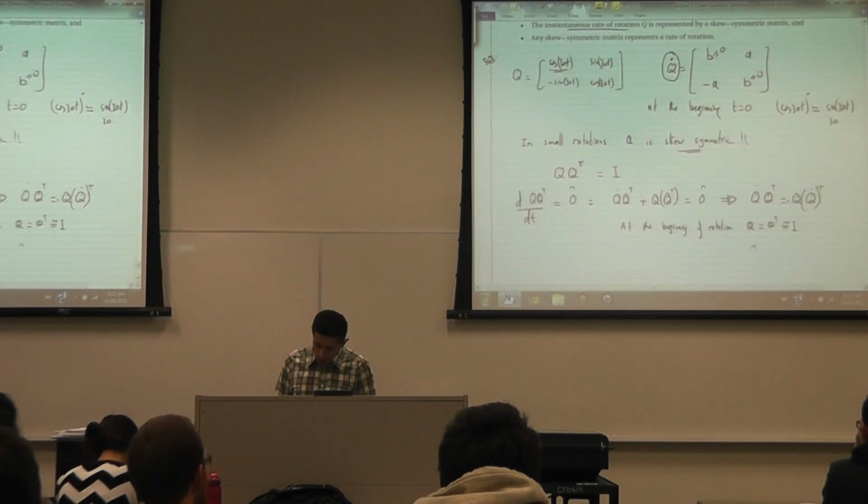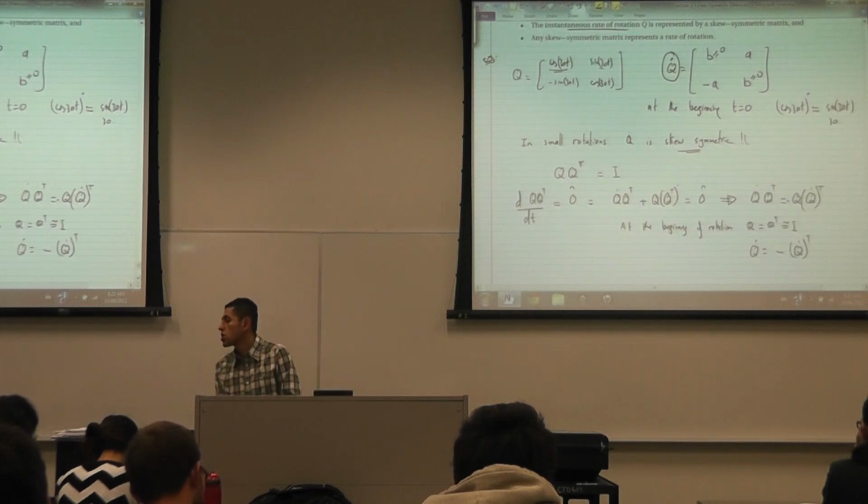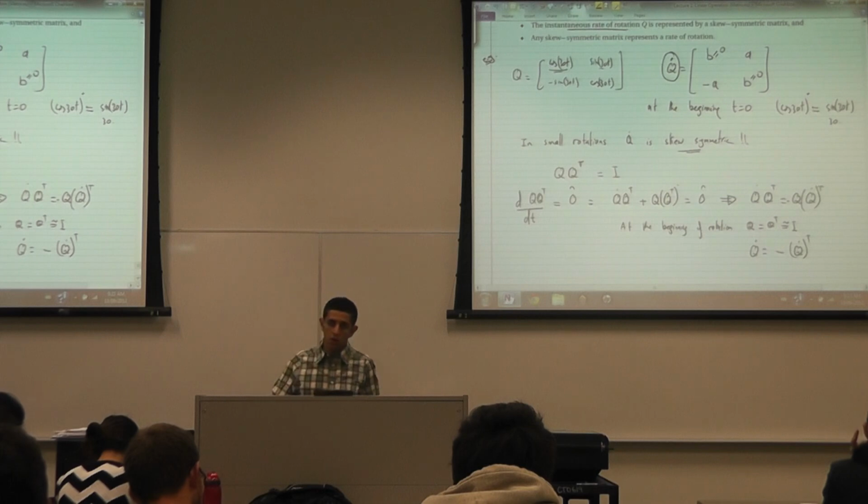And you'll see that Q dot will be equal to negative Q dot transpose, which means Q dot is a skew symmetric matrix.